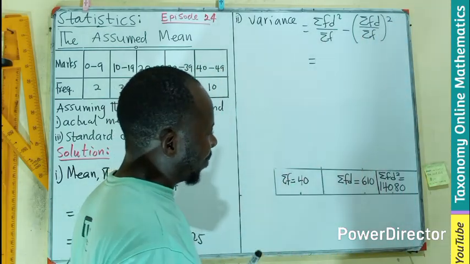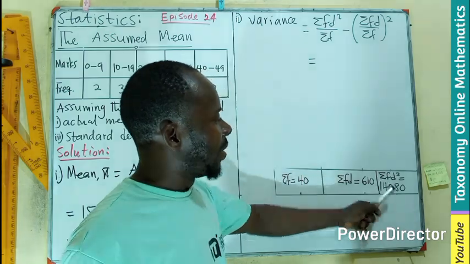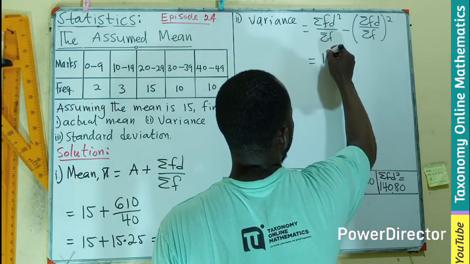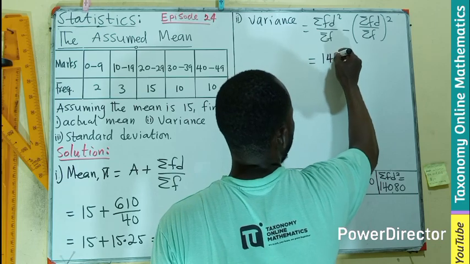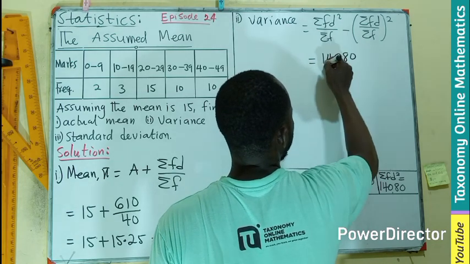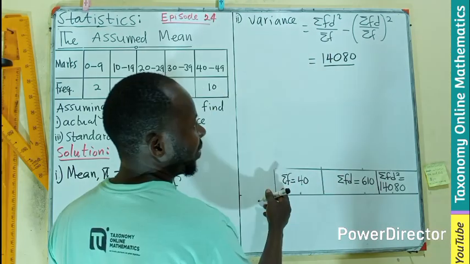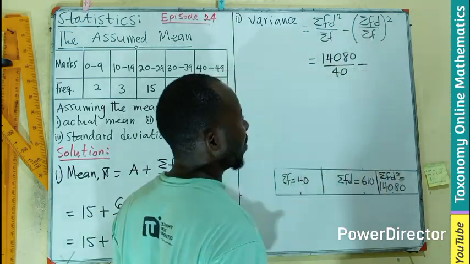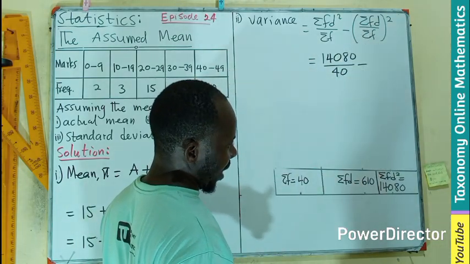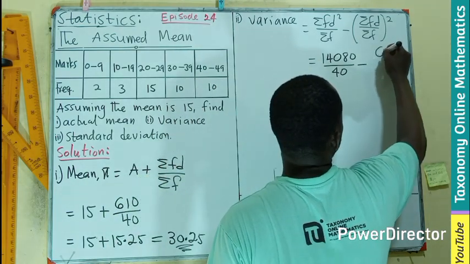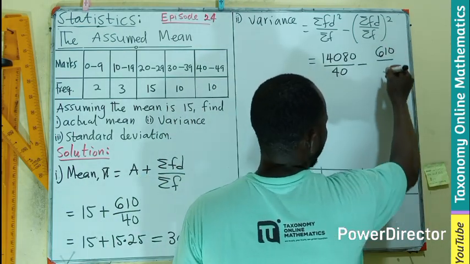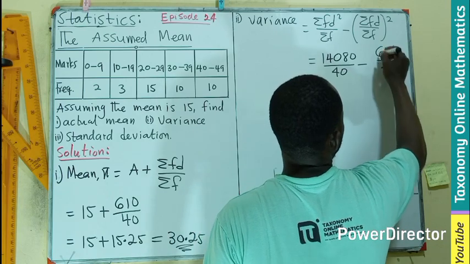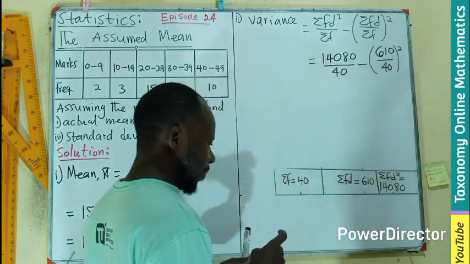So by our substitution, sigma FD square is 14,080 divided by sigma F, which will be 40, minus sigma FD, where we have 610 divided by sigma F, which is 40, all square.